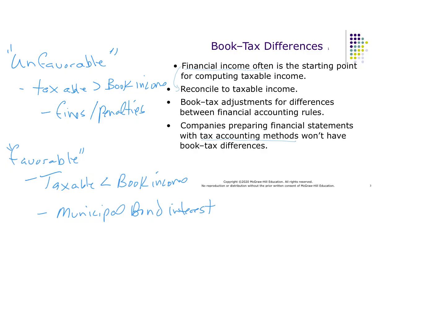Why is municipal bond interest a favorable book tax difference? Well, municipal bond interest is not taxable, but it does count as income for book purposes. So it's included in financial accounting income, not included in taxable income. Therefore, it is favorable.